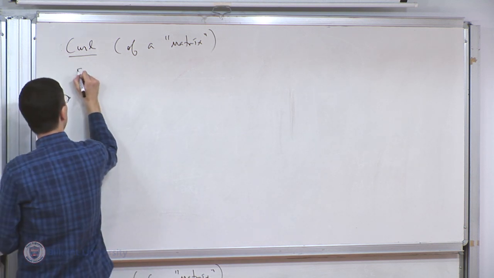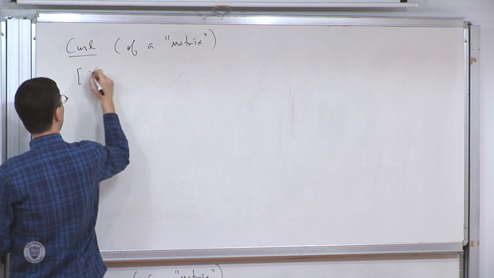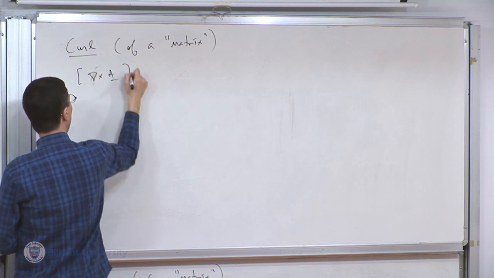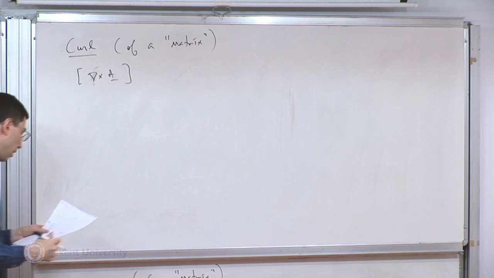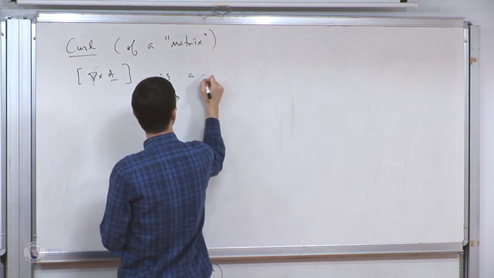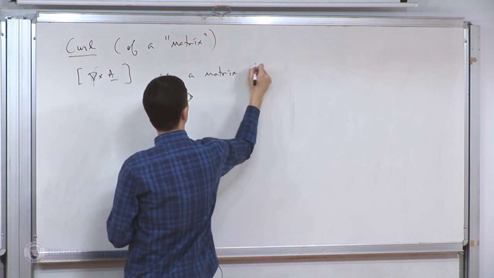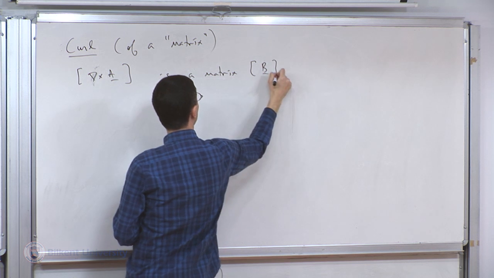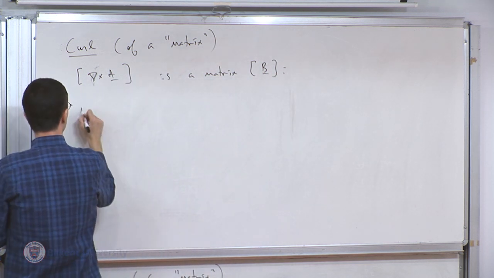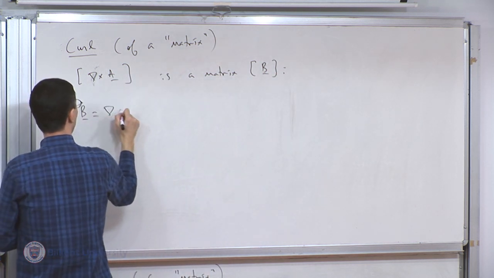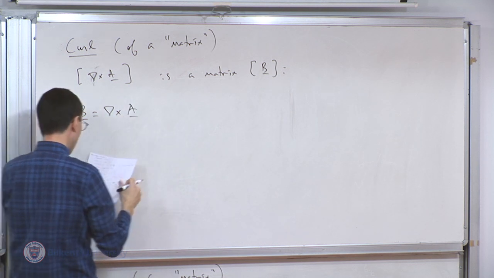The curl of a matrix is a new matrix, and let's call it B. So B is equal to the curl of A.